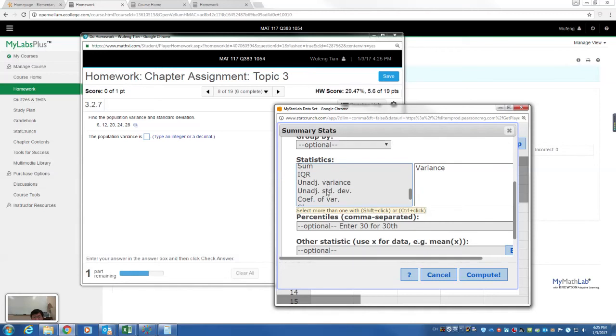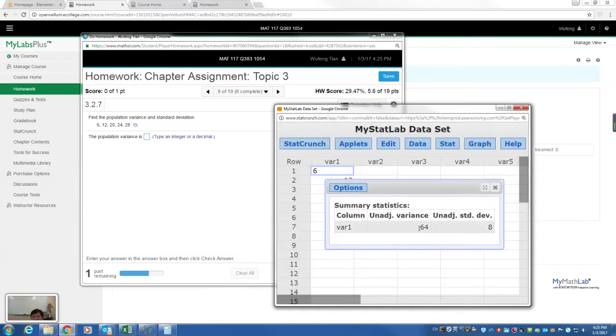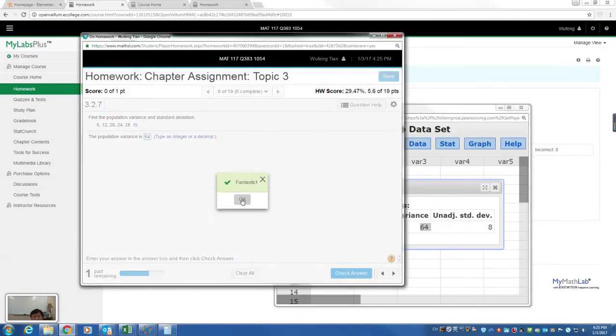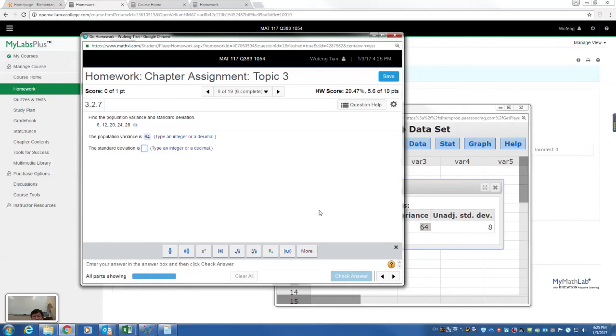You have to scroll down to unadjusted variance. Unadjusted variance is the population variance. Unadjusted standard deviation is the population standard deviation. So if it asks for unadjusted variance, it is 64, and the standard deviation is going to be 8, the square root of 64.